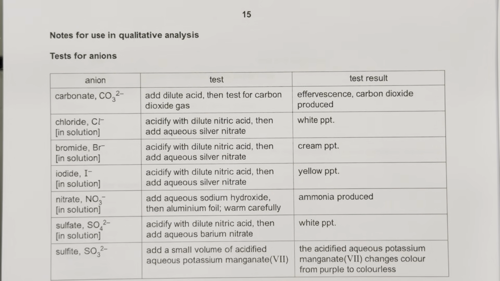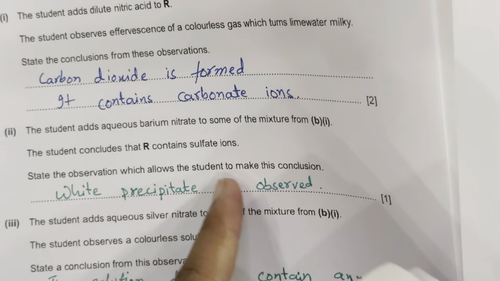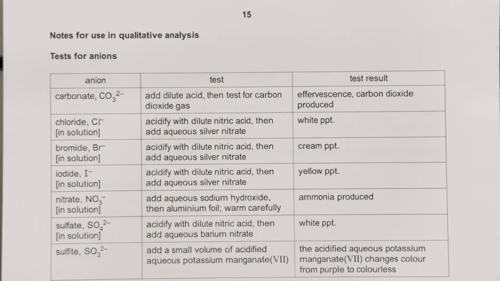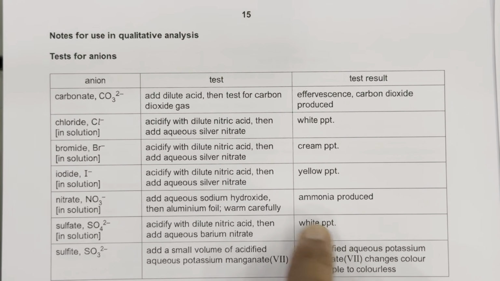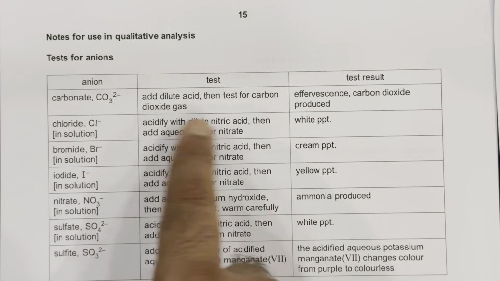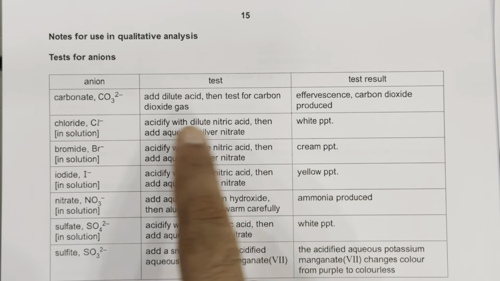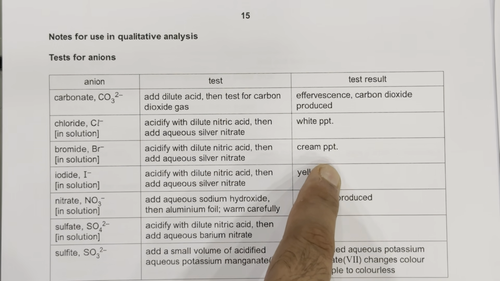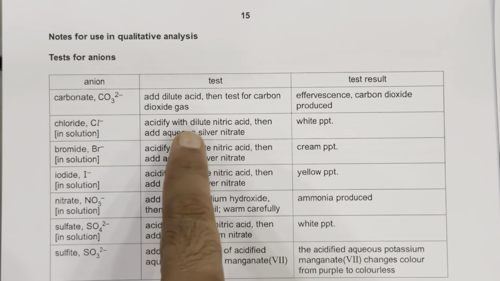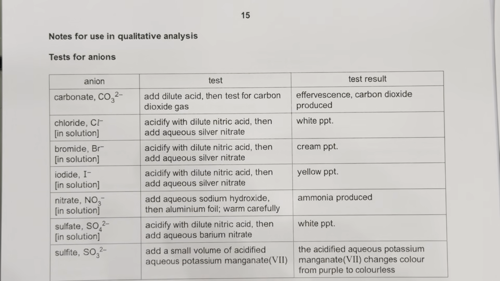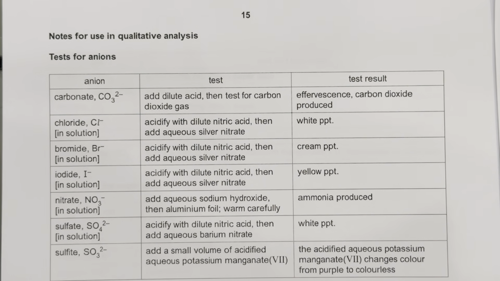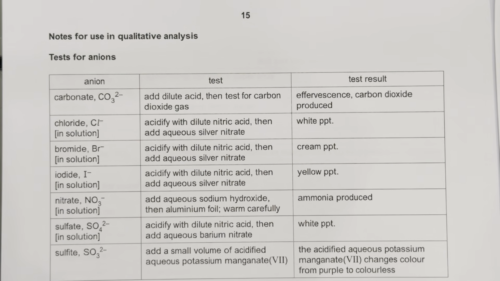In one part, when the question was that a white precipitate is observed, we wrote because of sulfate ion. Now chloride ions have a white precipitate and bromide ions have a cream precipitate. Both these tests should be acidified with dilute nitric acid and aqueous silver nitrate should be added.